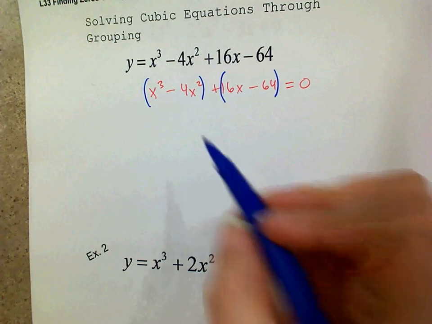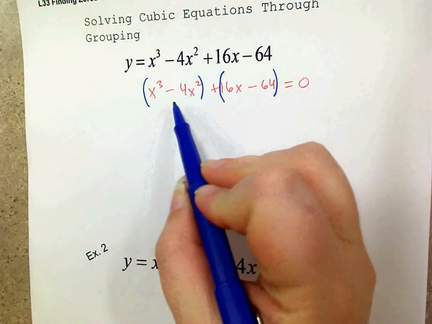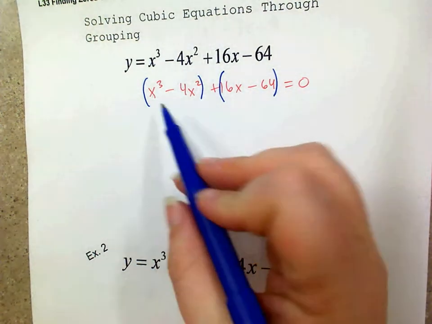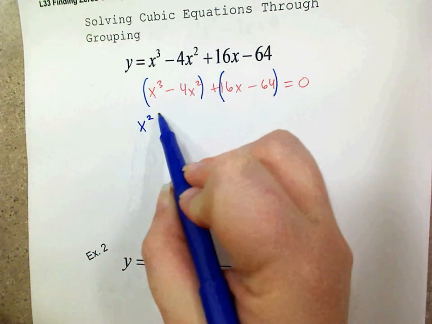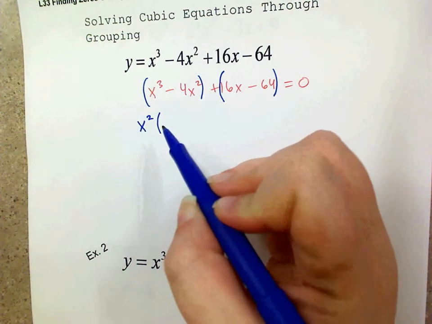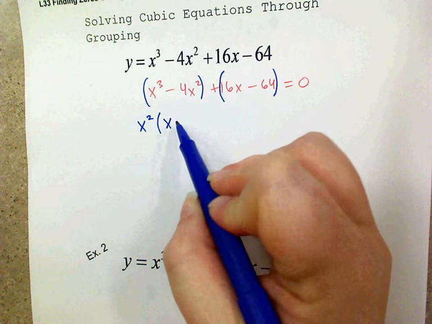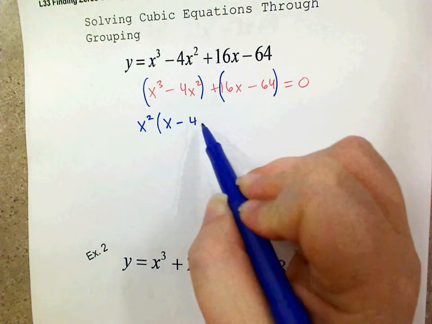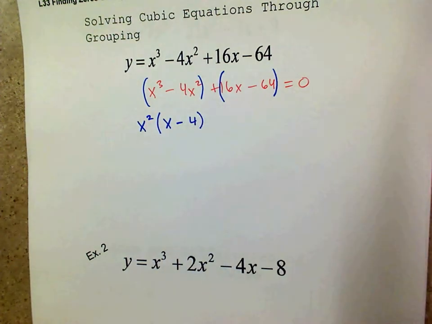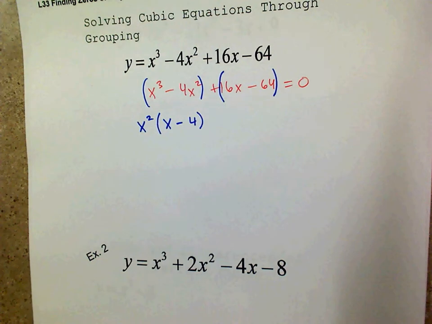But here's what I notice. What do these two terms have in common? So factor it out. X squared, what am I left with? An x minus 4. Close parentheses. Now, with 16x and 64, what do they have in common?